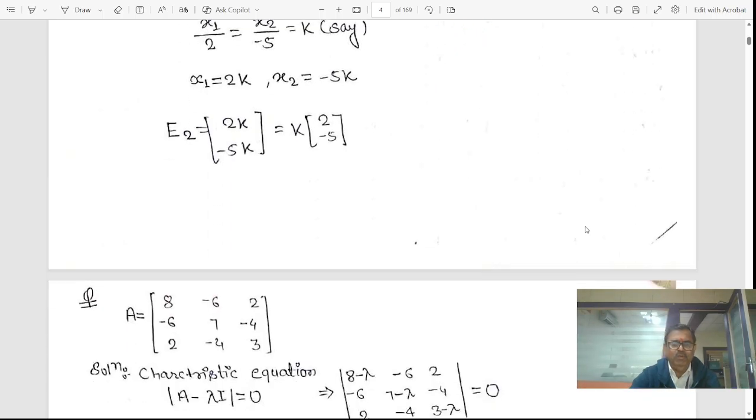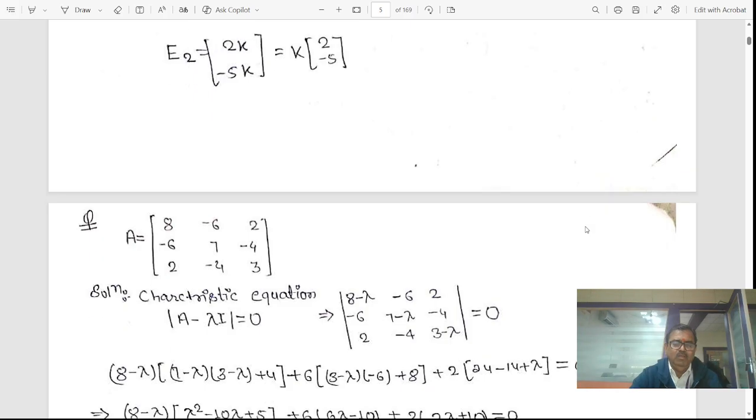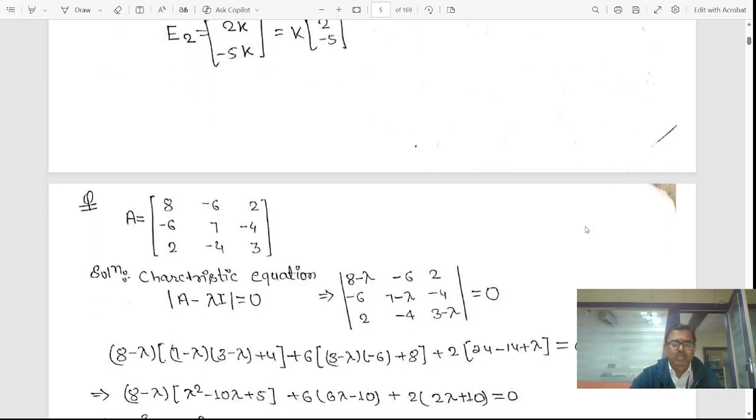So these are some more examples. Another example: A = [8 -6 2; -6 7 -4; 2 -4 3]. Find its eigenvalues and eigenvectors.